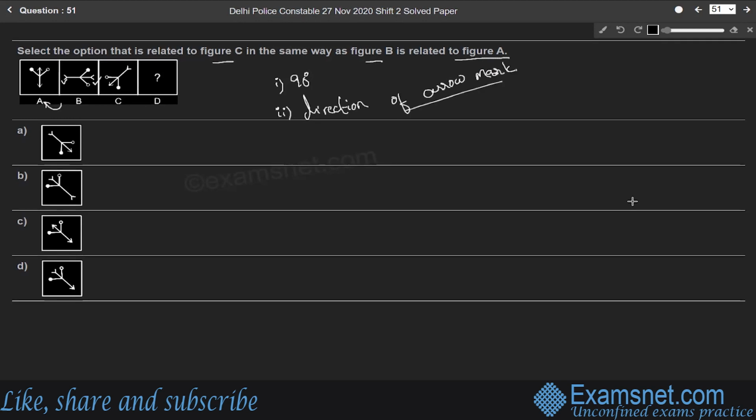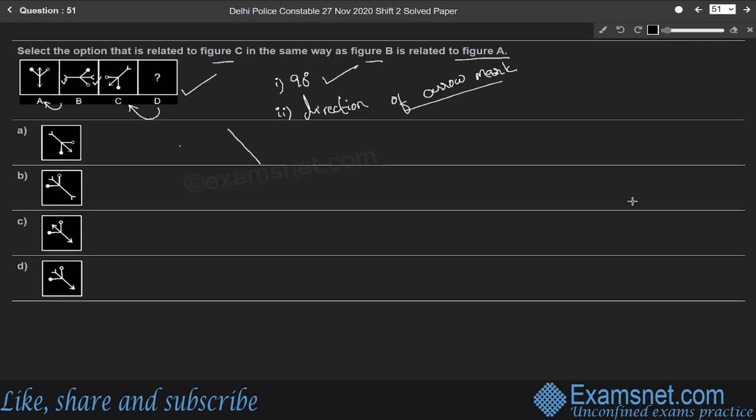Right. So apply the same criteria for figure D also. With respect to figure C, in clockwise direction. So when figure C is rotated by 90 degrees in clockwise direction, it looks like towards northwest, right?